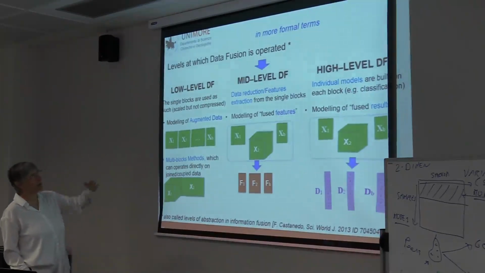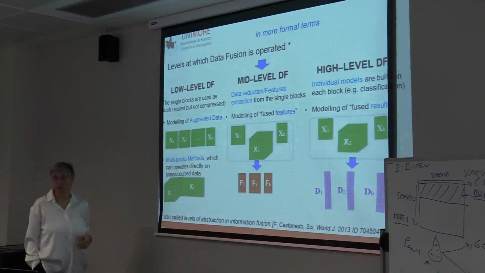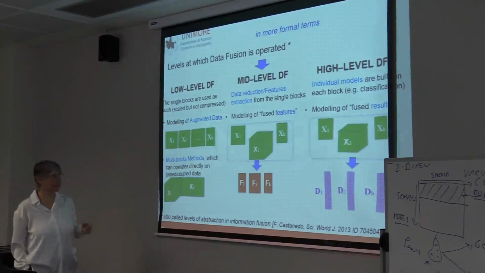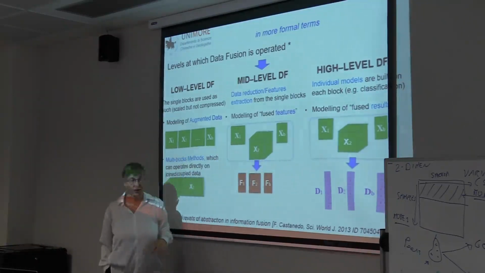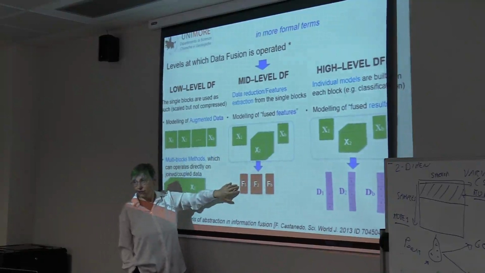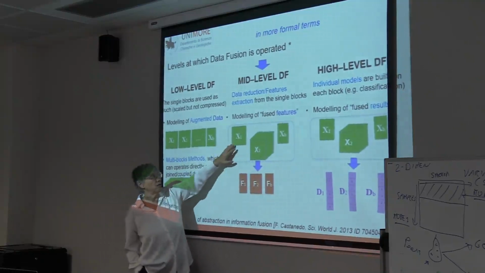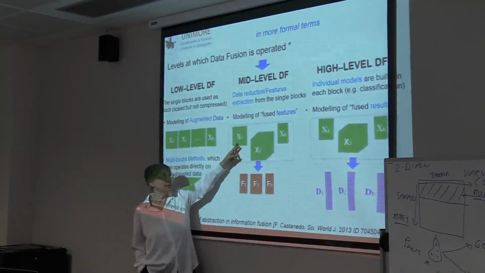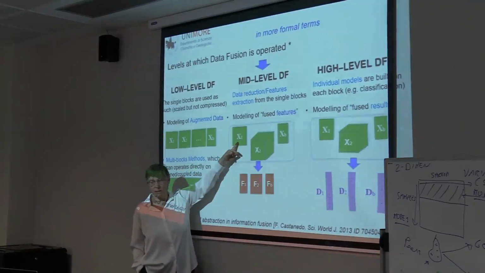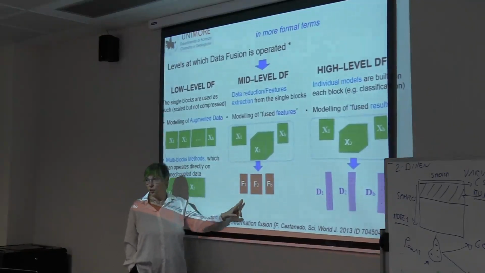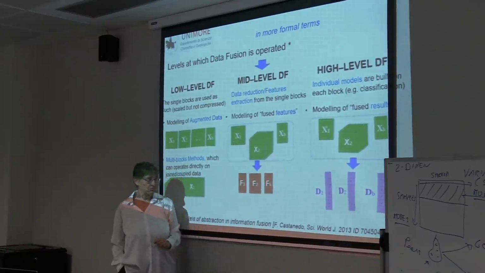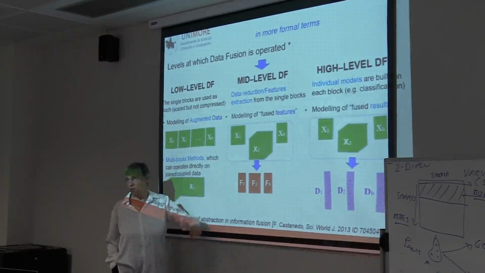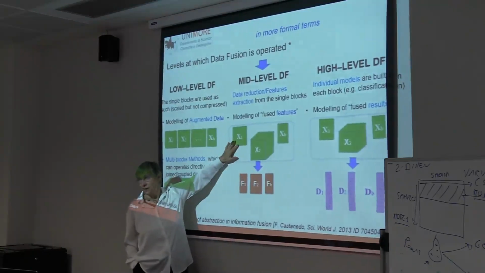When we do mid-level data fusion, the situation is easier if I have data of different dimension because I extract features. So imagine that here I do, for instance, a principal component analysis. Then I have the scores if my shared mode is the sample. So in this case, I have the scores from the PCA from the spectra.